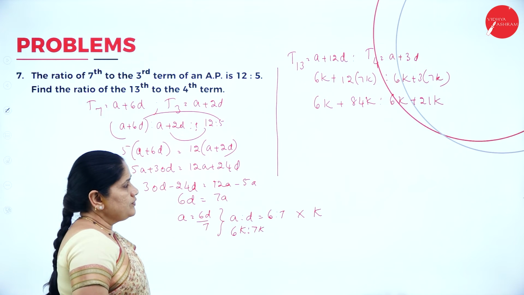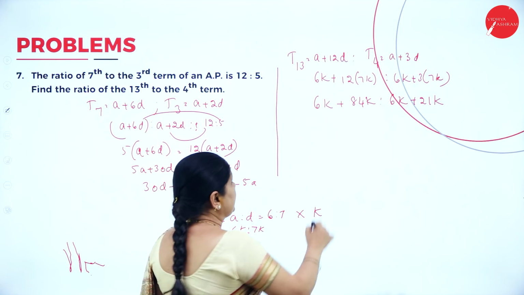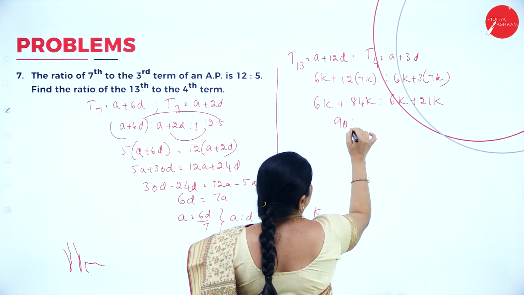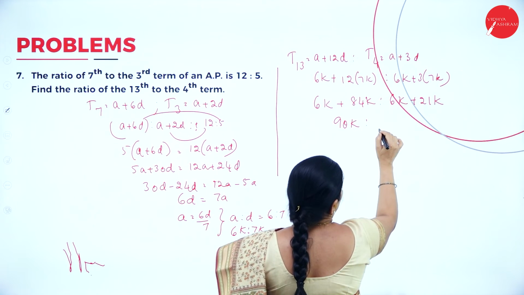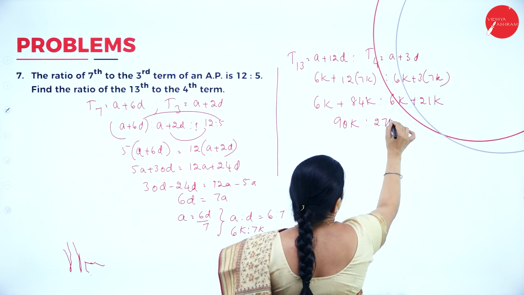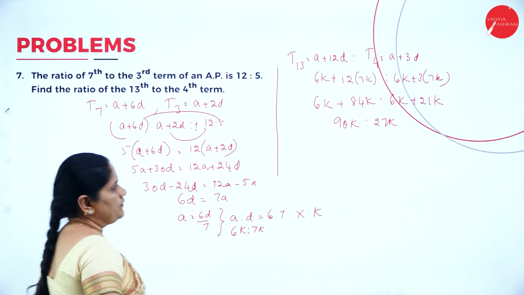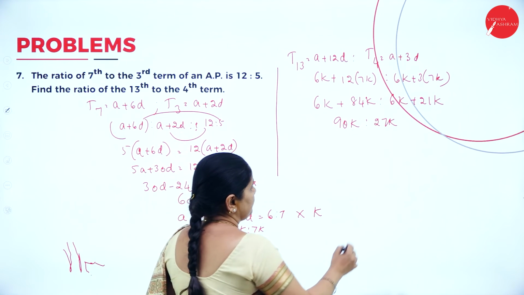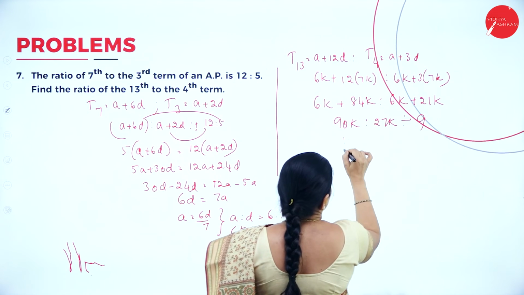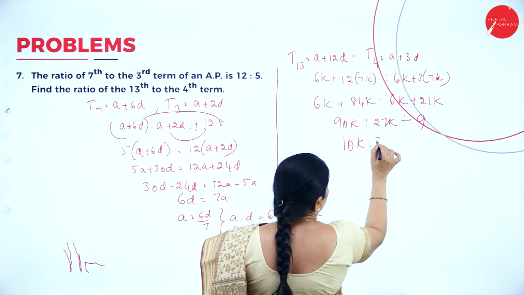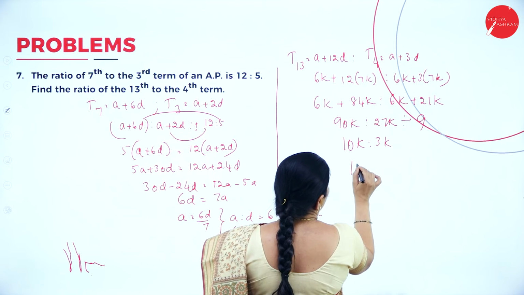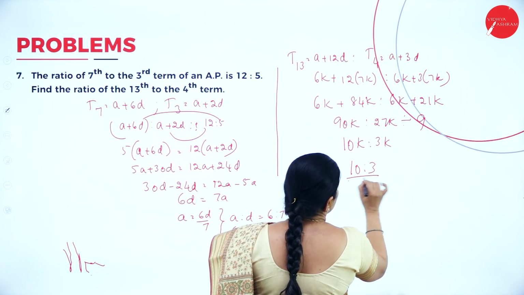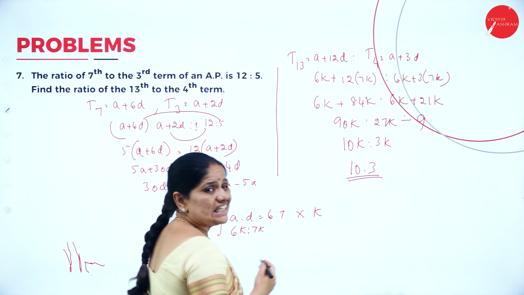So 84K plus 6K will be 90K is to 21 plus 6 is 27K. So we have 90K is to 27K. So we divide by 9. So this will be 10K is to 3K, or 10 is to 3 is the ratio of the 13th term and the 4th term.